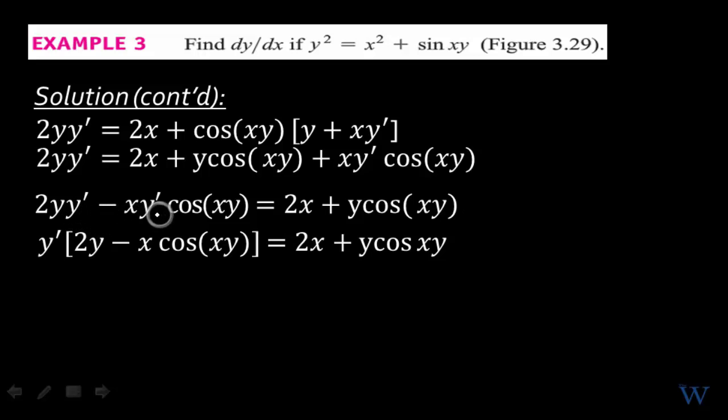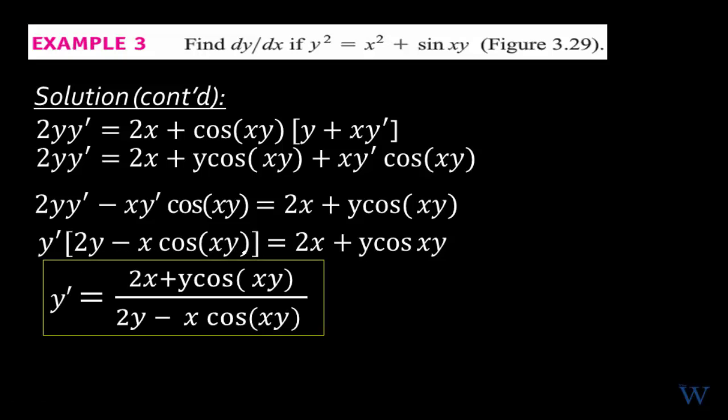So when you factor out y prime, what is left in the parentheses or in the brackets? It'll be 2y minus x times the cosine of xy, and it's equal to whatever is on the right hand side. And then finally, what's the last step? Divide both sides by 2y minus x times the cosine of xy, and we get this.